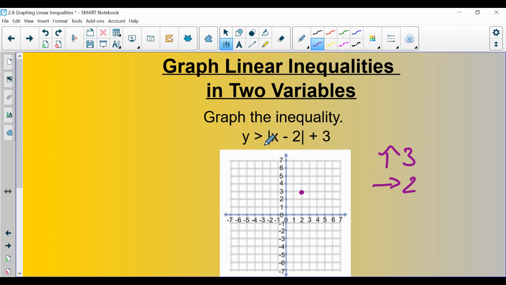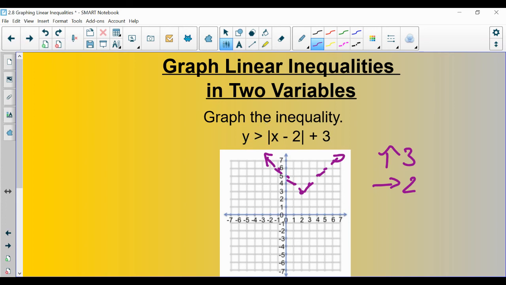And then the number in front of your absolute value sign, that is your slope of your branches. Since there's no number there, it's just going to be 1. And this will be a dotted line because of the inequality. It says greater than, not greater than or equal to, for example. And then in this example, y is alone and on the left.